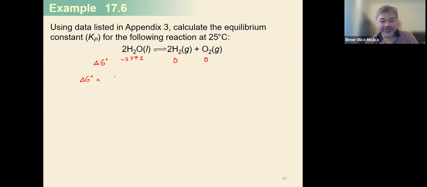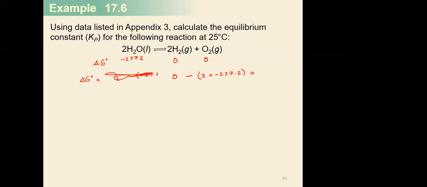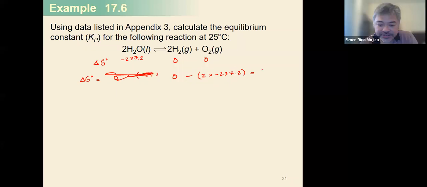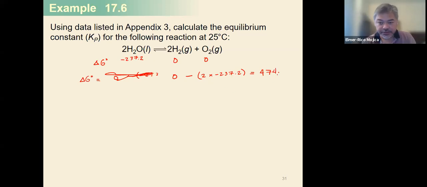We could just say 0 minus 2 times negative 237.2. And that would be equal to 474.4.